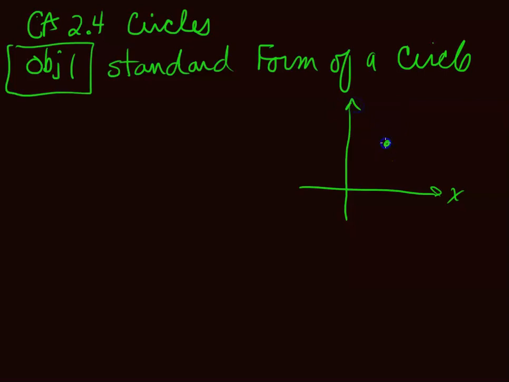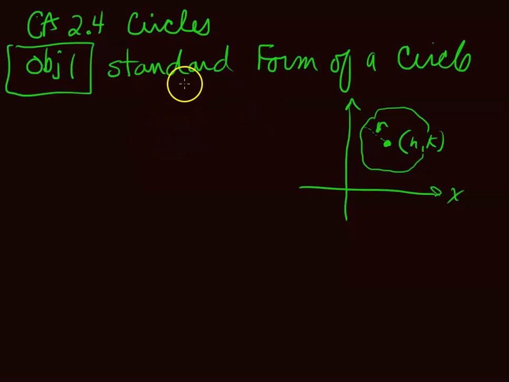There is a center that we usually call (h, k). It has a radius r, and then all these points that distance away are points on the circle. This is r.